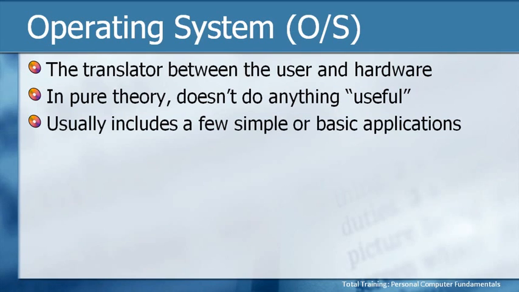So they actually aren't part of what we typically consider the normal operating system. They're actually separate applications, but they do come bundled together with the operating system. So, as a consumer, we can just say that when we get an operating system like Windows, it does include some very basic applications that let us do some very simple things with just the operating system without having to buy any other programs or software.